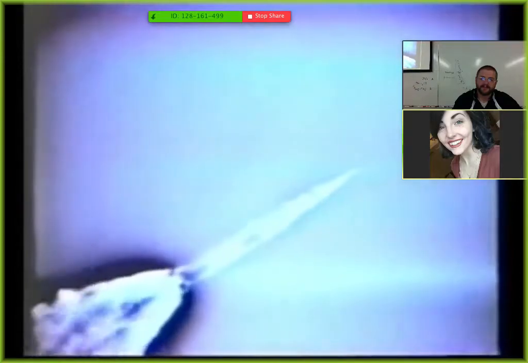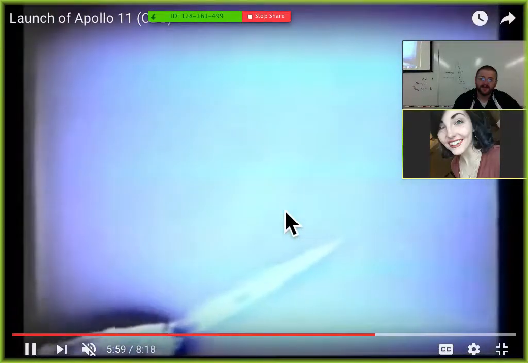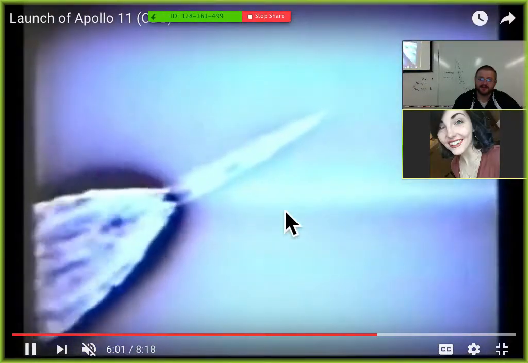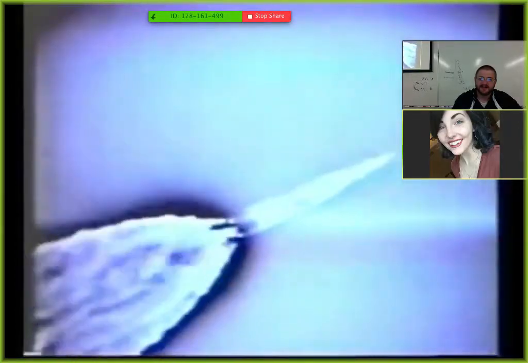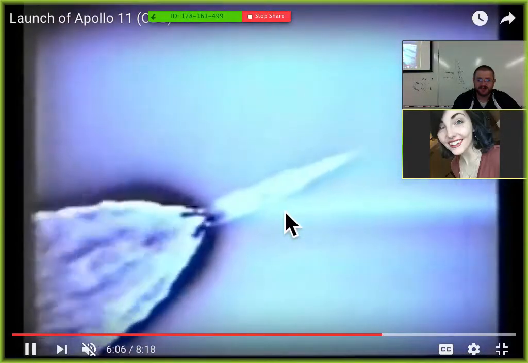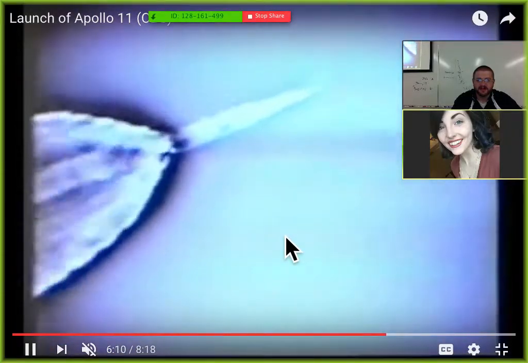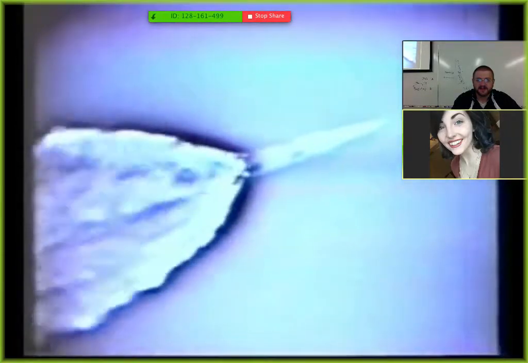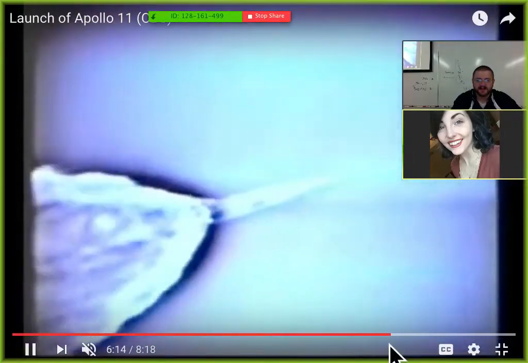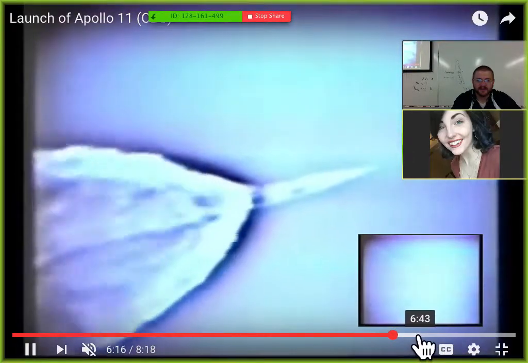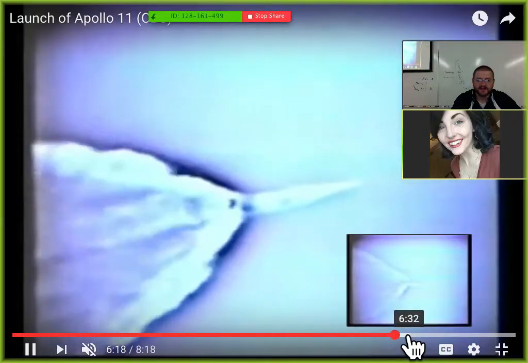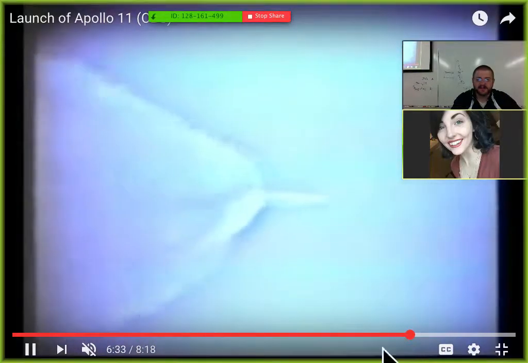Yeah, a really good camera back when you can see it. Yeah, it's a telescope camera at this point. Then you should be able to see the first stage burn out, and the second stage take off here soon. So here it comes.